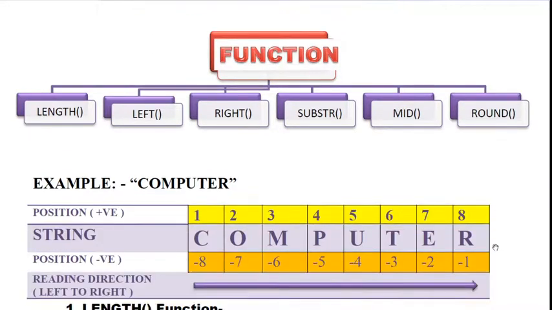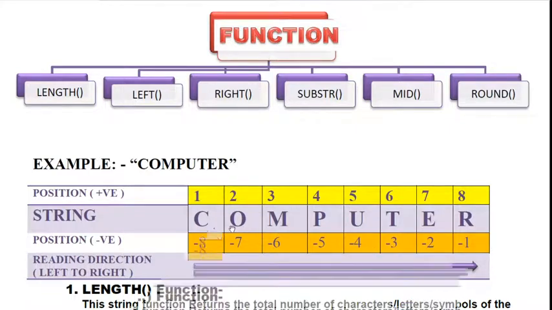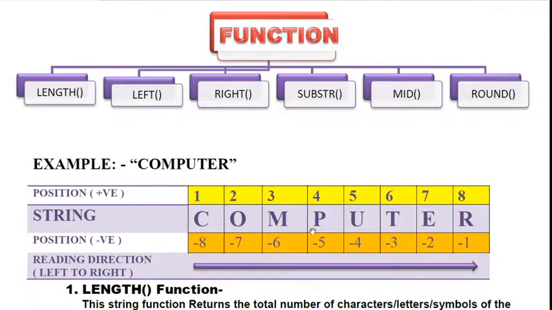Now, it is important to understand the data storage, how any word is stored, and how we can refer to any particular letter of any word. In this diagram, the word computer is stored, using positive position and negative position.